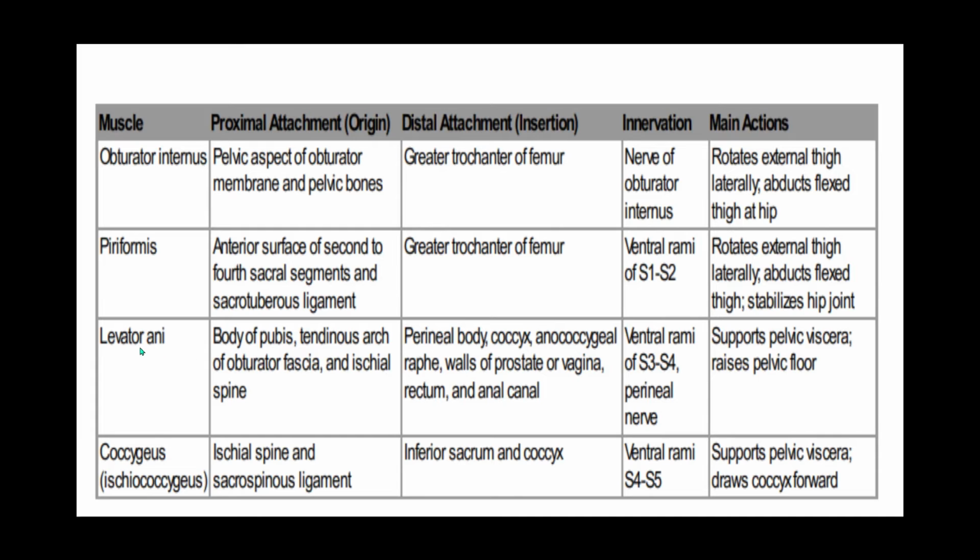The levator ani has a broad insertion depending on the parts we're talking about. So the perineal body, the coccyx, of course; the pubococcygeus and the iliococcygeus insert into the coccyx.